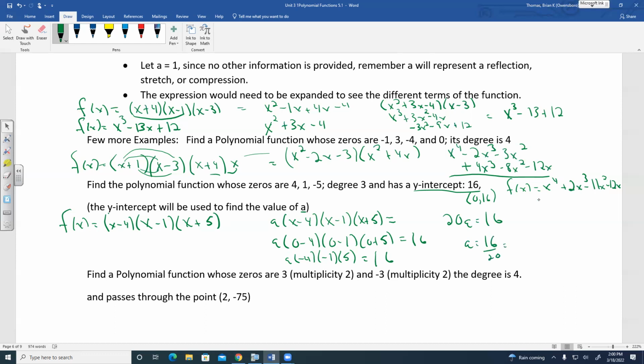And if you divide the top and bottom by a common factor of 4, that turns into 4/5. So f of x is going to equal 4/5 times x minus 4 times x minus 1 times x plus 5.